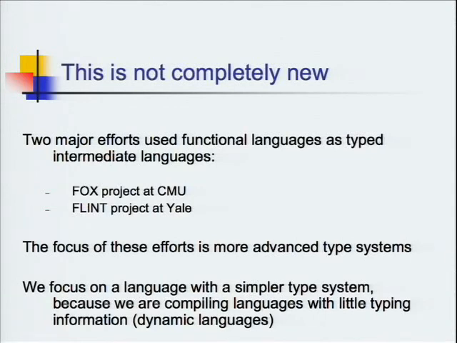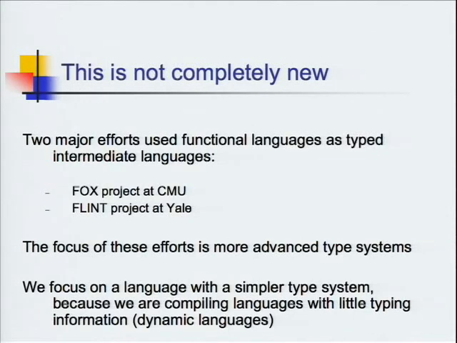Both of these projects are trying to develop a standard intermediate typed functional language for a general compiler. In addition to developing a language, they also try to develop type systems which will allow one to express basically anything that you might want to compile.